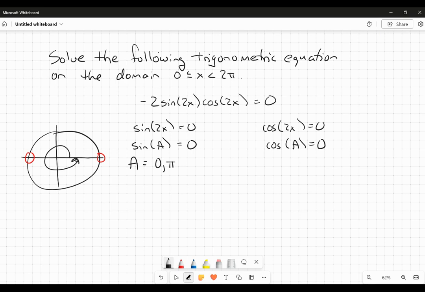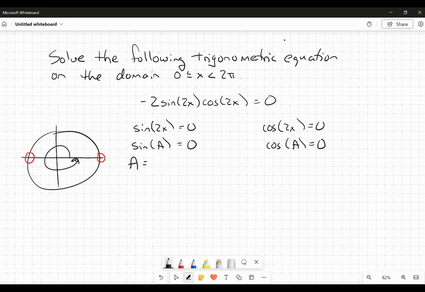Now, because I've got a 2x in there, that 2, if you think back to, let's say, your unit on transformations of functions, I know that the 2 here is going to affect the period of the sine. It's going to cause this thing to repeat a little bit quicker here. So when I answer a question like this, what I'm actually going to do is come up with the general form, okay? So I'm actually going to look at this a little bit differently.